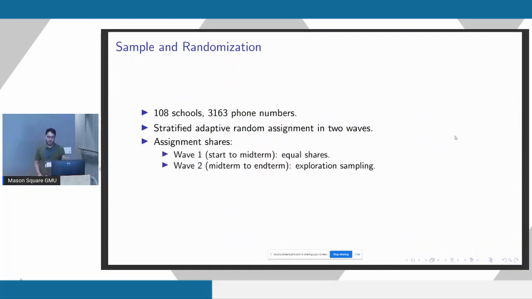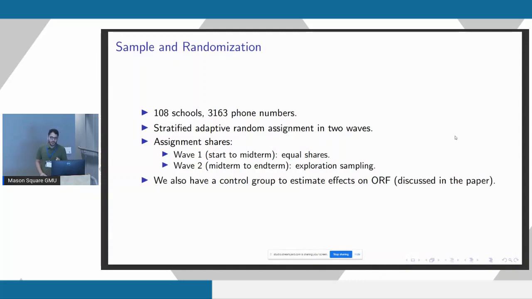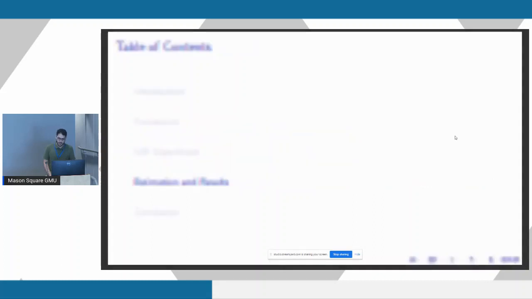As I mentioned, the first one has equal shares. We have no idea which is the best treatment arm. And on the second wave, we start using adaptive sampling. In particular, we use this algorithm, exploration sampling. We also have a control group to estimate effects on ORF, which is discussed in the paper.